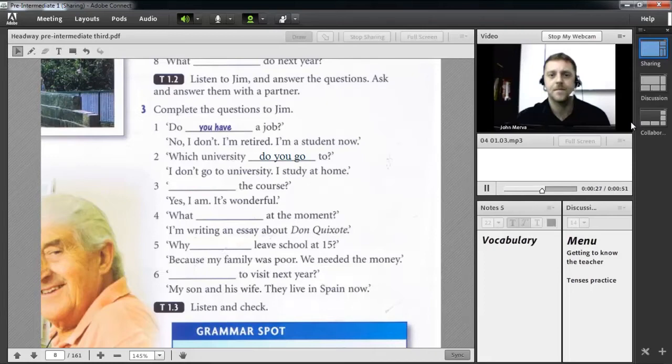What are you doing at the moment? I'm writing an essay about Don Quixote. 5. Why did you leave school at 15? Because my family was poor. We needed the money. 6. Who are you going to visit next year? My son and his wife. They live in Spain now.